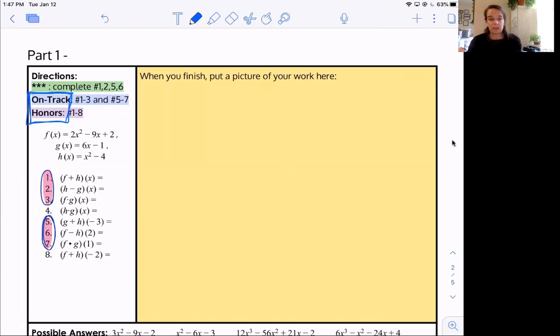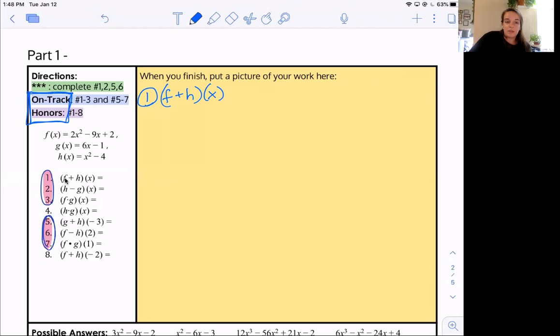Cool. So depending, you're gonna do either problems 1 through 3 or 5 through 7. And then if you're honors, you're also gonna do 4 and 8, but shouldn't be too challenging. So let's jump in with number 1. So for number 1, I'm gonna write f plus h of x, like that.